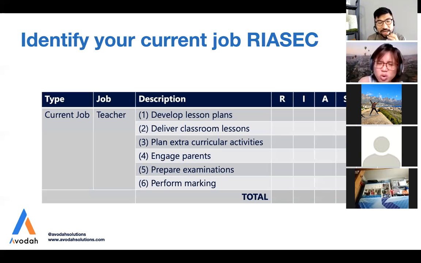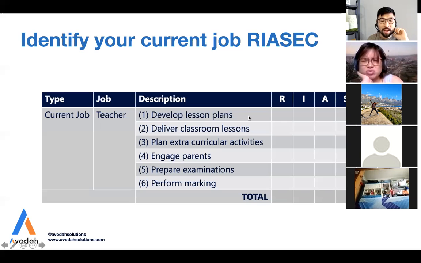So for a teacher role, I just listed out 6 tasks as a simple example of what they usually do. And what we plan to do next is to look at the next 6 columns, RIASEC. Now you are the person to decide, for each description, what are the top 3 RIASEC codes for this particular task.